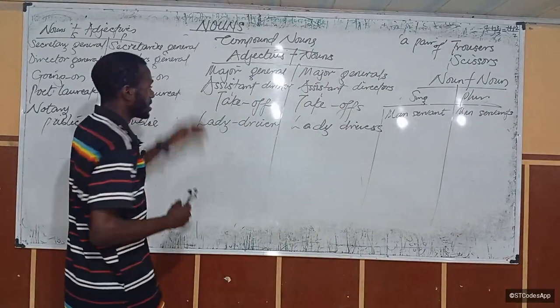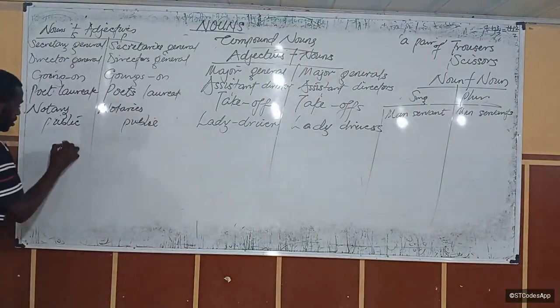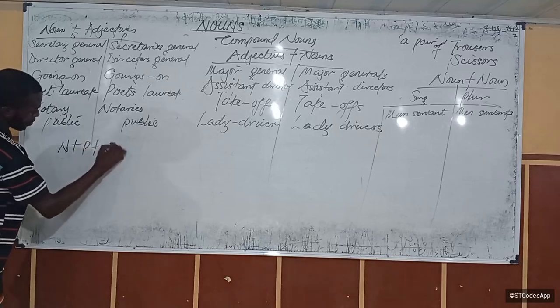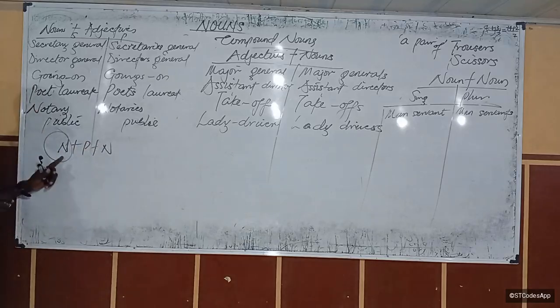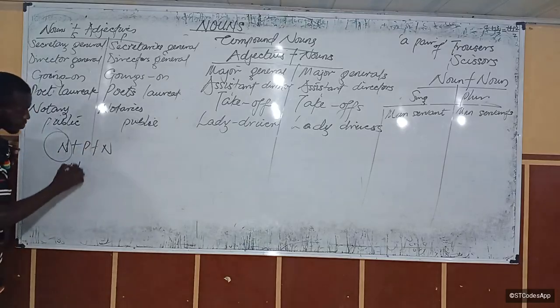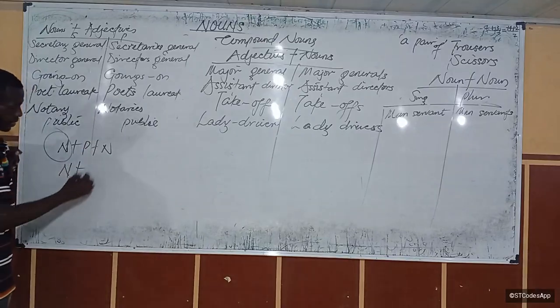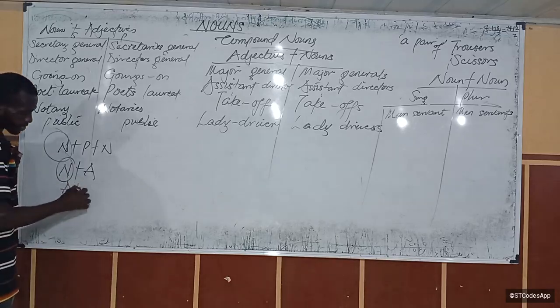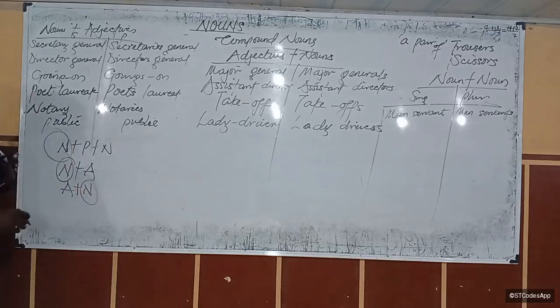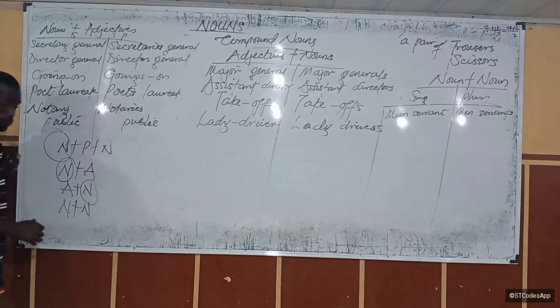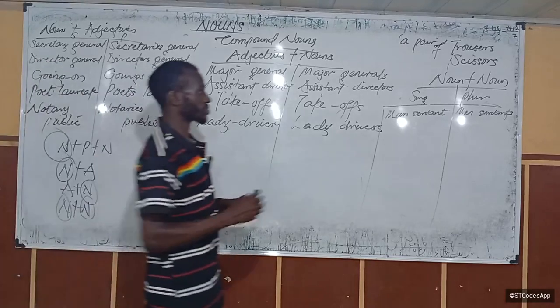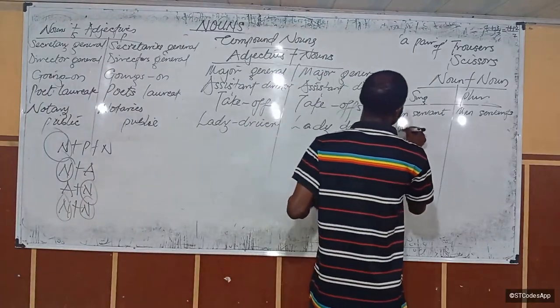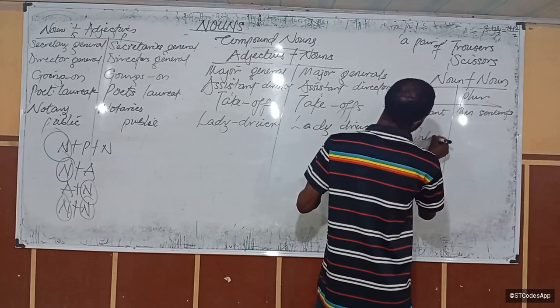Remember, if it is noun plus pronoun plus noun, what will you give us? You pluralize only the noun. Noun plus adjective, you pluralize what? Only the noun. Adjectives plus noun, you pluralize what? Only the noun. Then if it's now noun plus noun, what do you pluralize? You pluralize both. All right. Is it clear? So how about we have woman pilot?